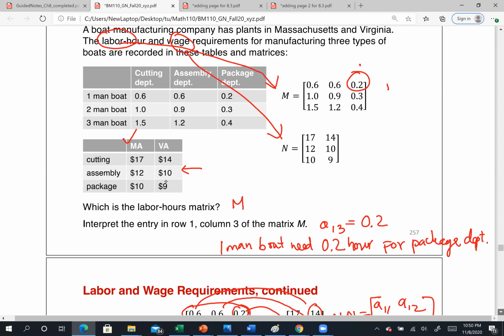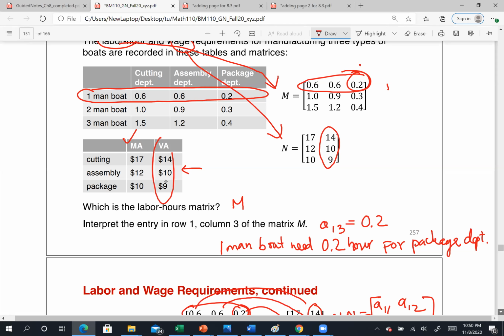All right. If you use all these and multiply by the first row, multiply by the second column here, you could understand that the first row gonna be one man boat labor hours, and then the second column in the second matrix is actually in Virginia.